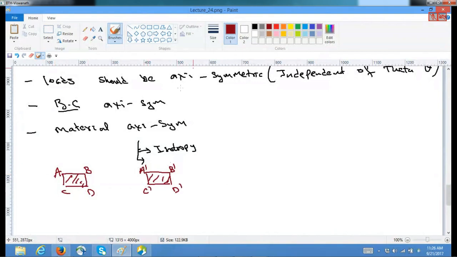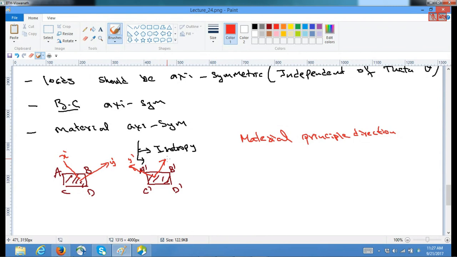If the material has material principal directions, let's say this is y dash and x dash, and once you rotate it, this will become y dash, x dash because it has rotated by 180 degrees.